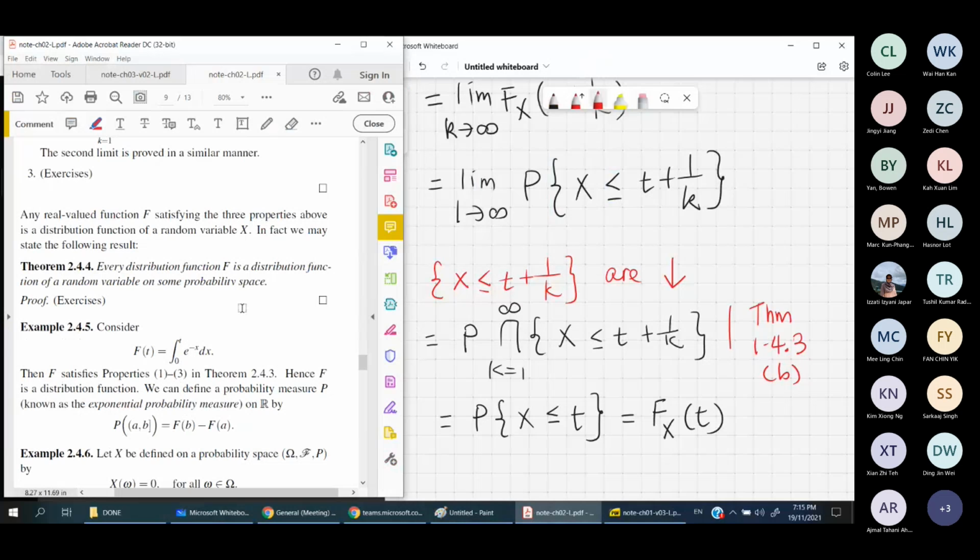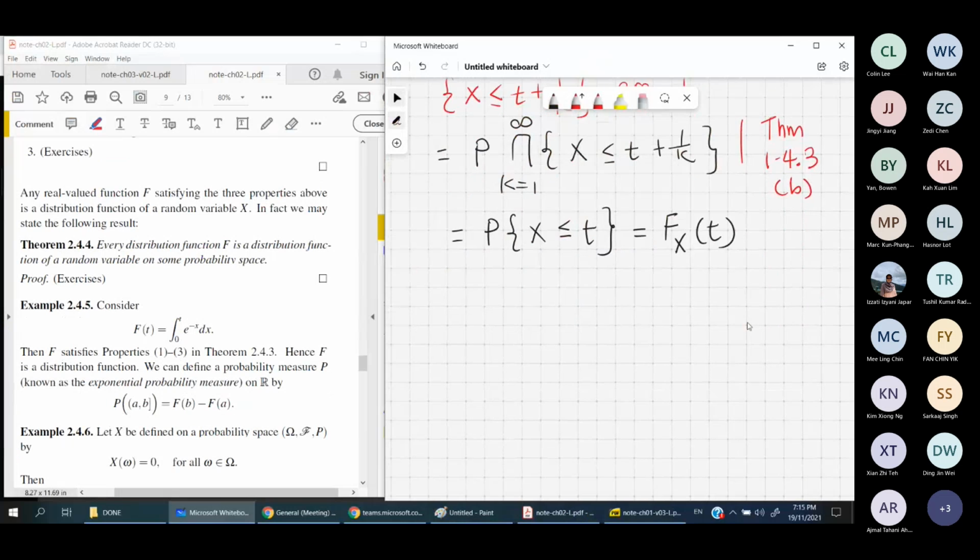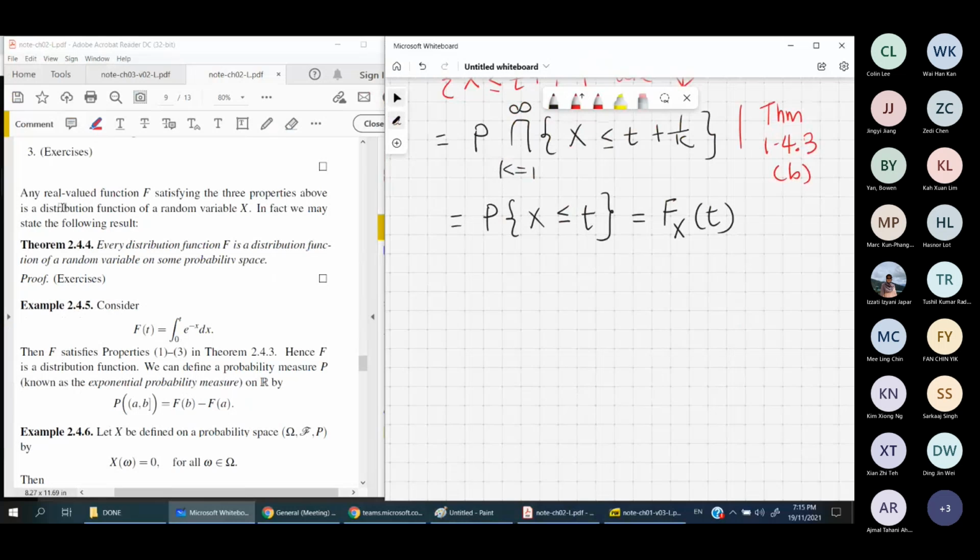Okay, so the next one, we are not going to look at the proof for it, but just give you the ideas for it. Any real valued function F satisfying the three properties above is a distribution function of a random variable X. That is the idea for it.